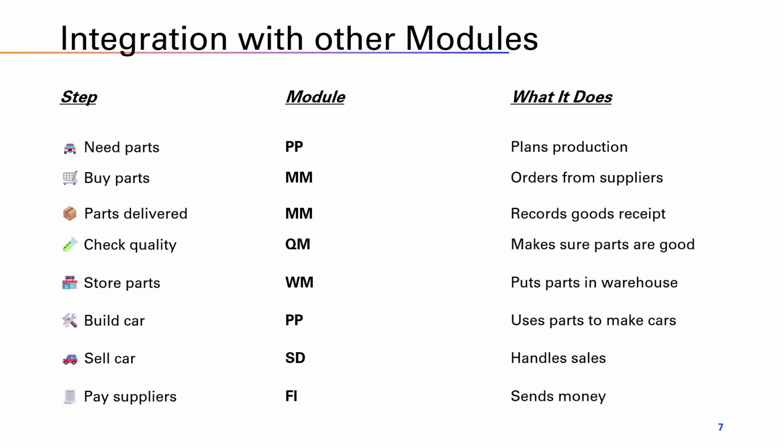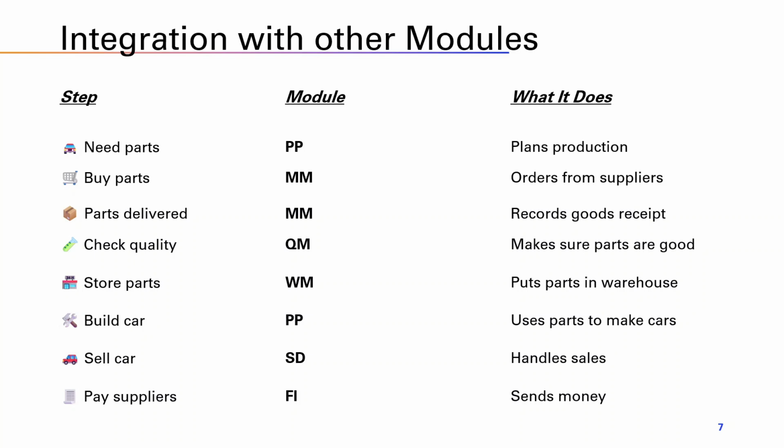Quality management will check the quality to make sure the parts delivered are the good fit. Once quality is approved by the QM, warehouse management will now store those parts in the warehouse. Parts will now be released to production planning as and when they need to build the cars.